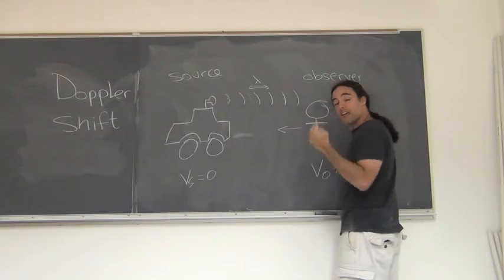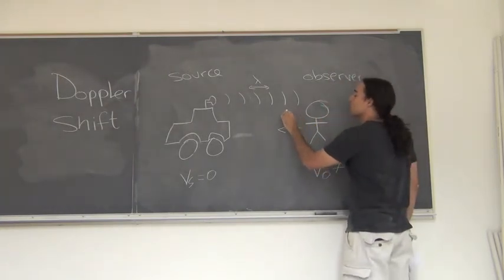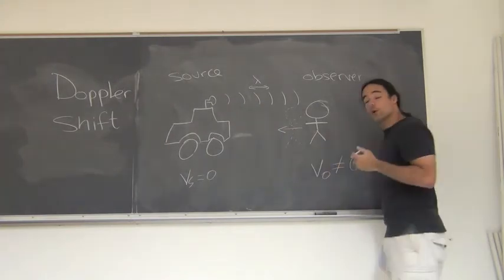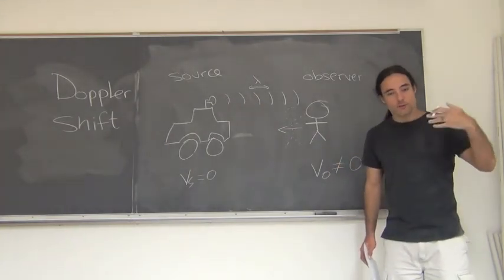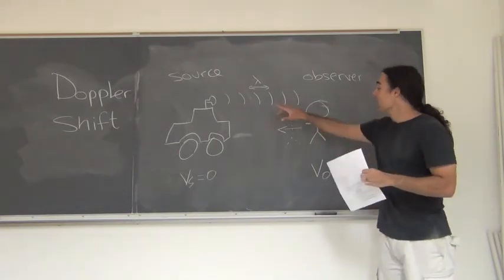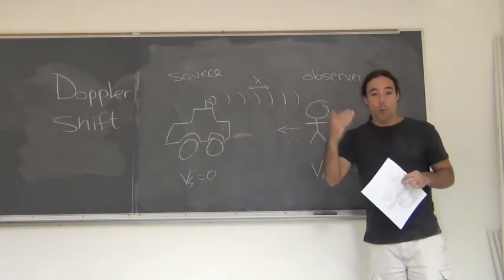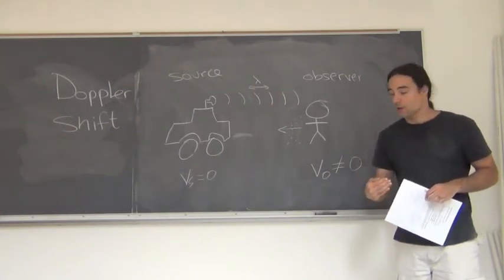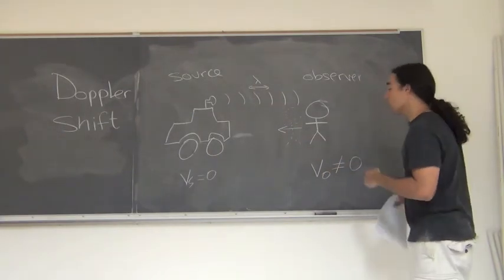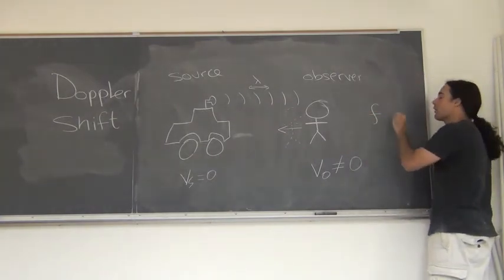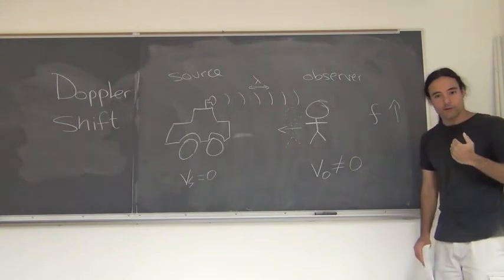But by the time the second peak hits you, you're going to be a little bit closer. So you are going to hear that increase in the pressure of the sound wave even faster. So the peaks of the sound wave are arriving to you more frequently. Therefore, the frequency of the sound will increase. So in this case, if you are moving towards the object, we would expect that the frequency of the sound will increase.